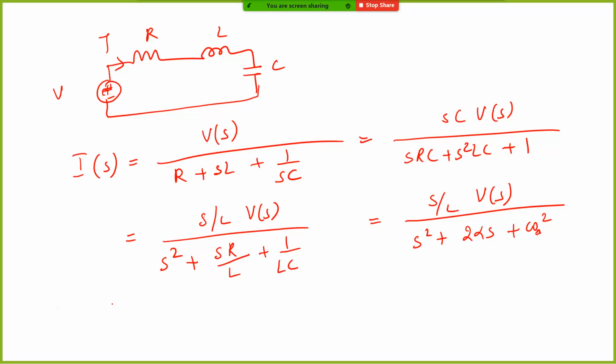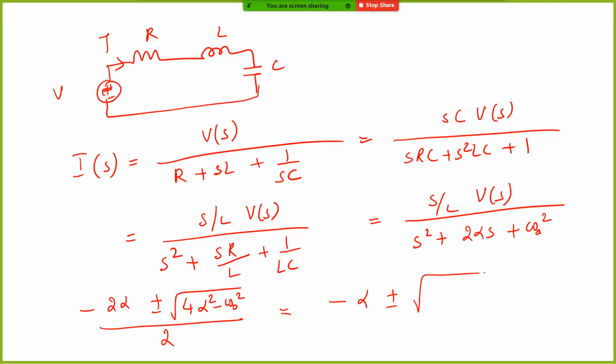Taking I of S by V of S, the roots are minus 2 alpha plus or minus the square root of 4 alpha squared minus 4 omega naught squared, divided by 2. So it becomes minus alpha plus or minus the square root of alpha squared minus omega naught squared.